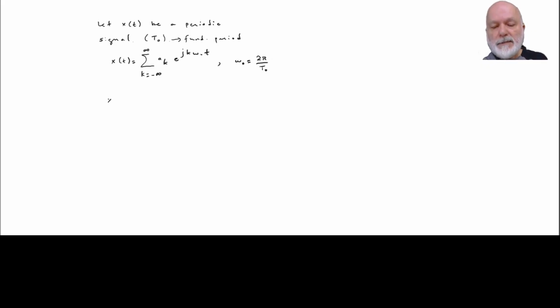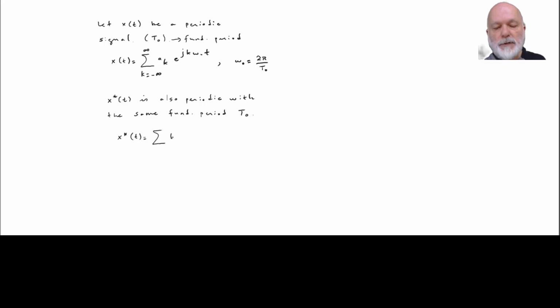Now, x star of t, the complex conjugate of x of t, is also periodic with the same fundamental period, capital T0. Therefore, x conjugate of t will have a Fourier series representation.